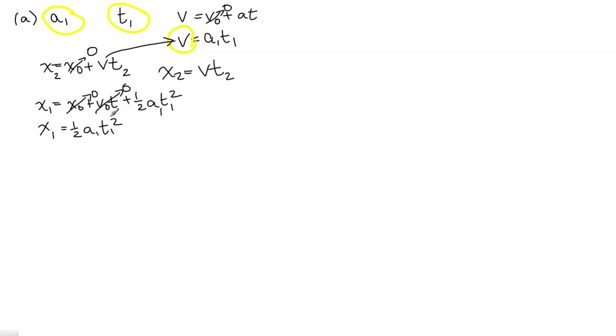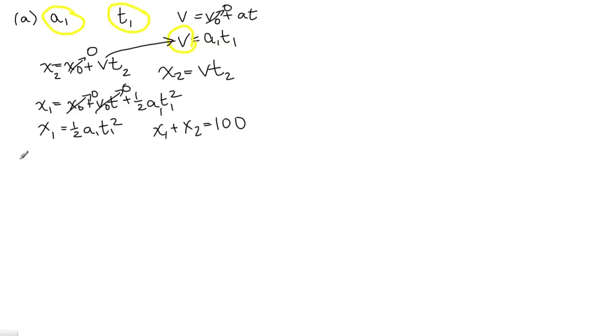This is a number that you can calculate because we know a1 and t1. We know that x1 plus x2 is 100, so since you can calculate x1, you can now calculate x2 and then use that in this equation to find t2. But if you want to do it with the algebra, you can.